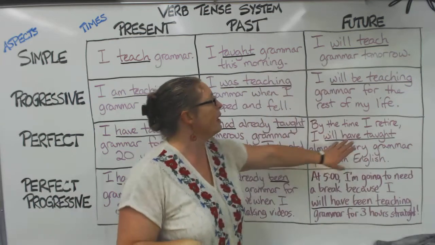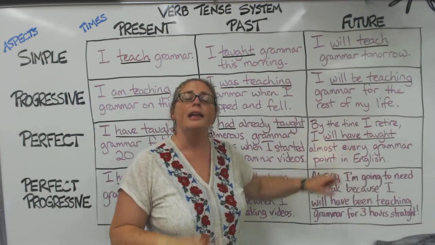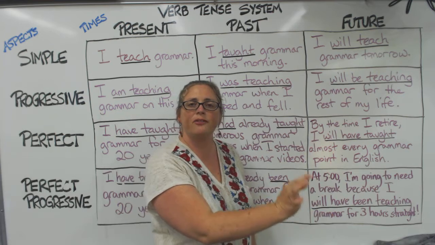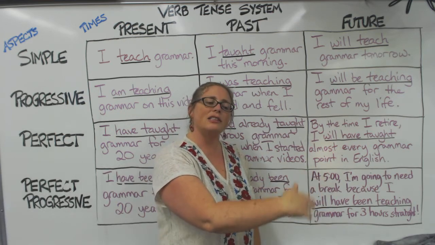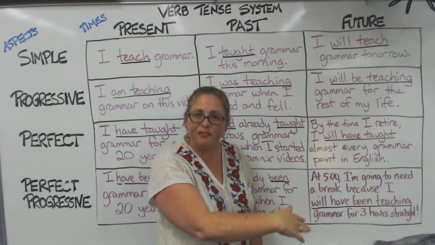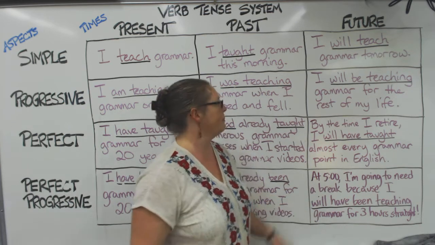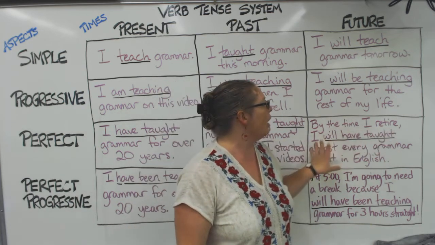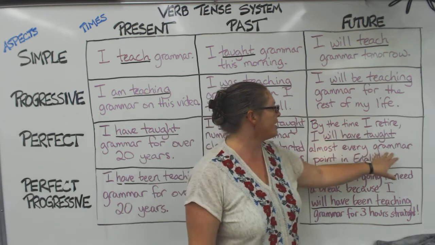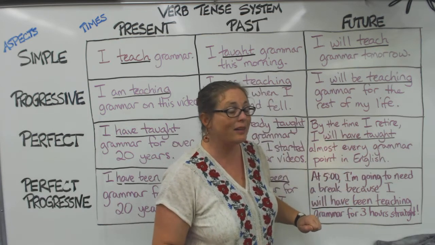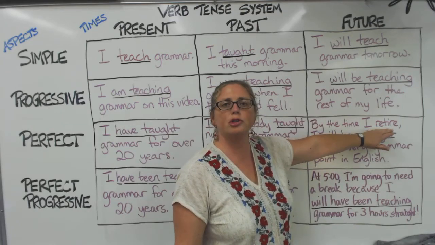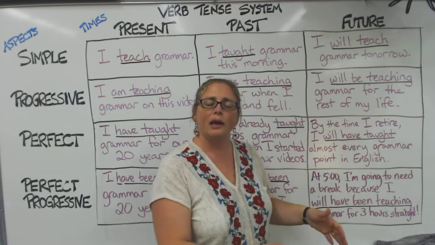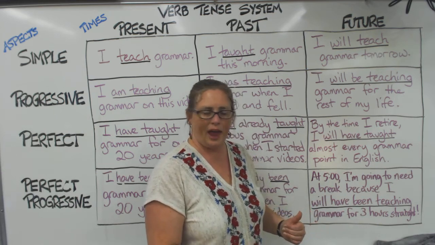Then we have the future perfect. Now we are looking at a specific point in time in the future and saying what is before that time. By the time I retire, I will have taught almost every grammar point in English. This is a defined future time, and I want to say what is before that time.